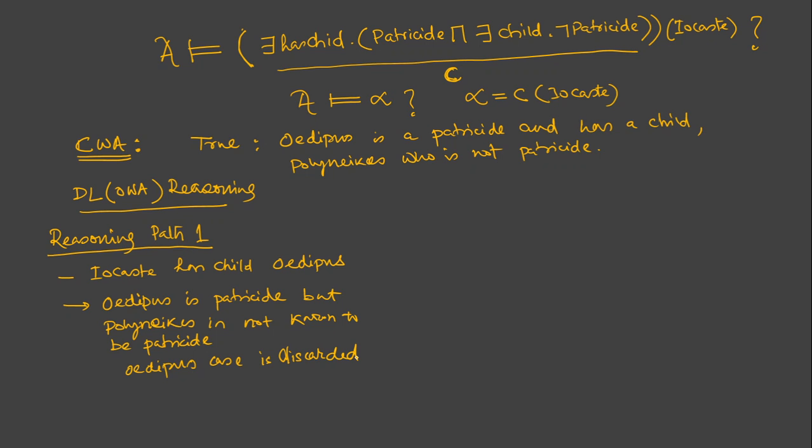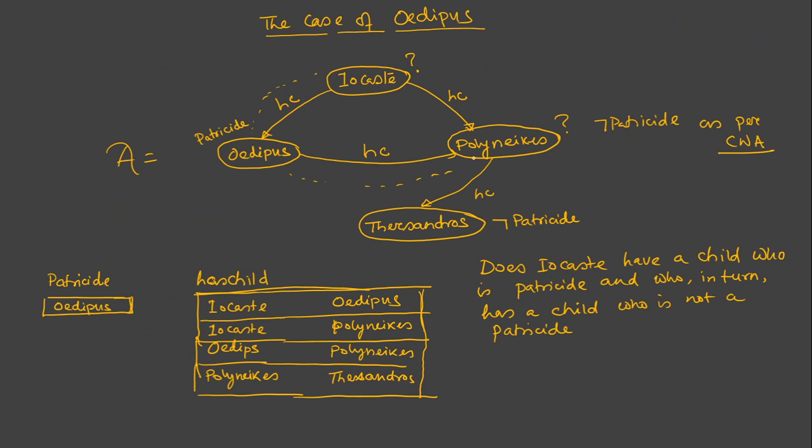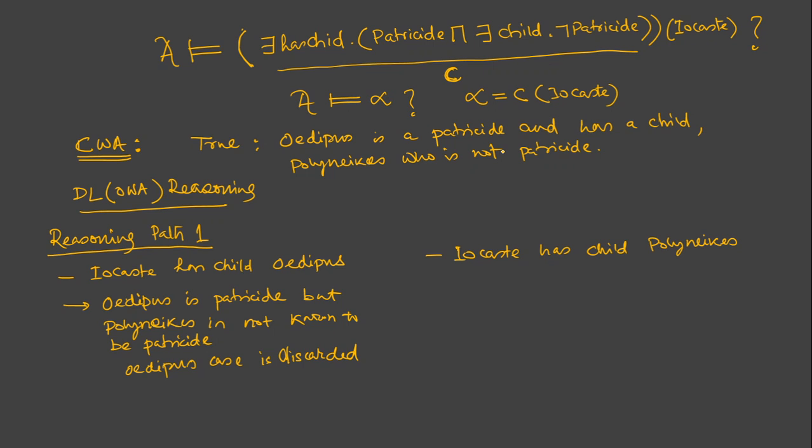Right. Now, Iocasta has got another child, Polynicus.